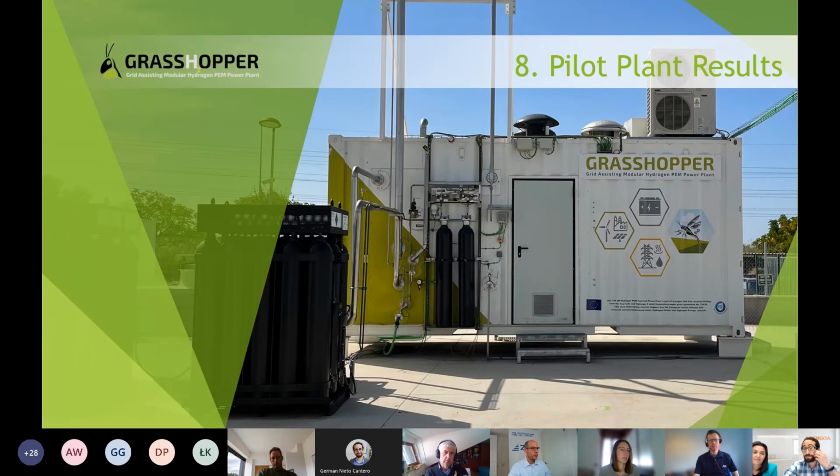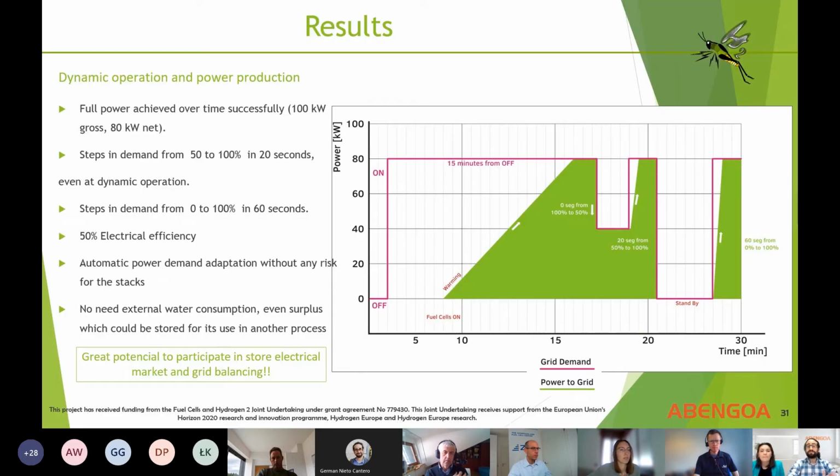So now let's go through some of the results that we have obtained with the pilot plant. The testing phase of the pilot plant has several stages. During the first stage, we focused on the plant itself, adjusting control loops and making sure that everything was working before we installed the stacks. So no power was being produced during the first steps. Then during the second stage, we installed the intermediate stacks that Nestak George has mentioned before, already including many improvements over the previous stack, and we started the power production testing.